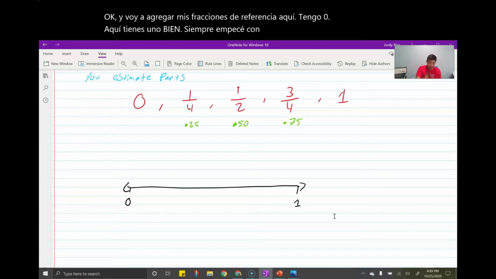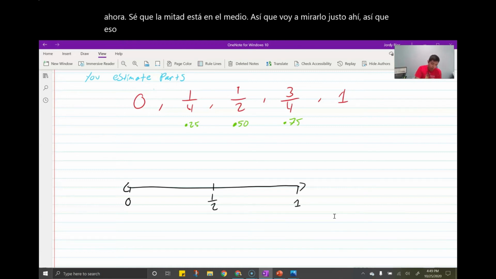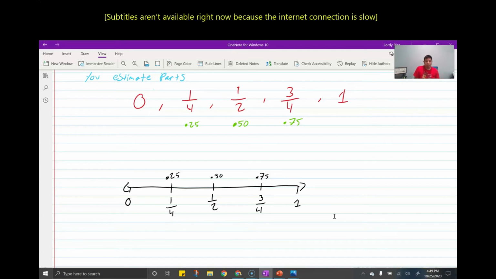Now I know half is in the middle, so I'm just going to eyeball it right there. So that's a half, okay? Half of that is going to be 1/4 or 25 hundredths. And then half of the middle of that is going to be 3/4 or 75 hundredths. And in the very middle is going to be 50 hundredths or 5/10, okay?